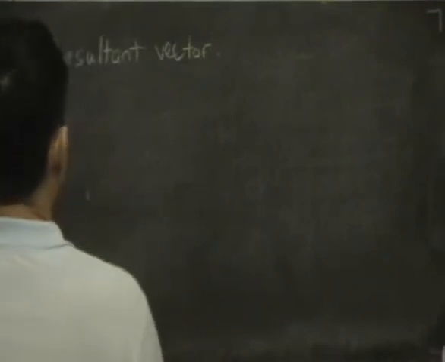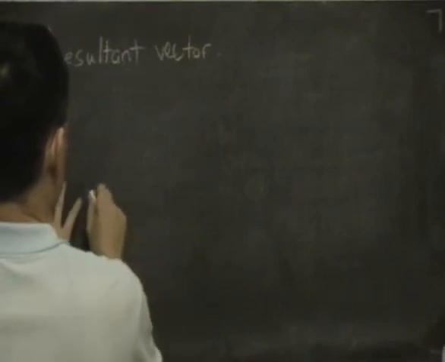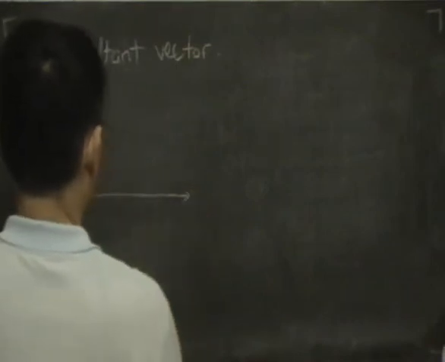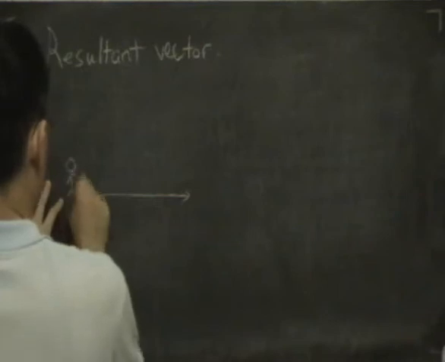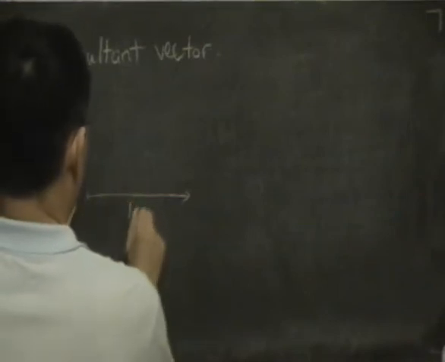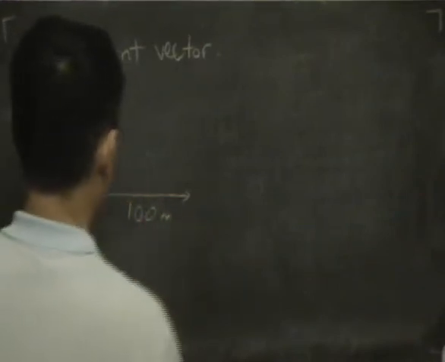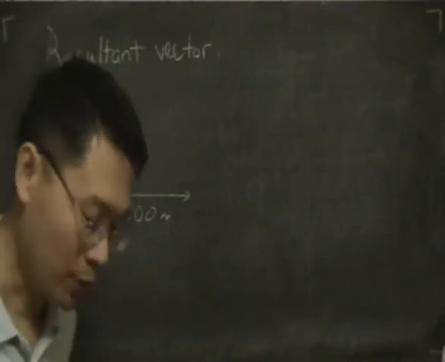Suppose that a person walks to the east for 100 meters. So that's one vector.